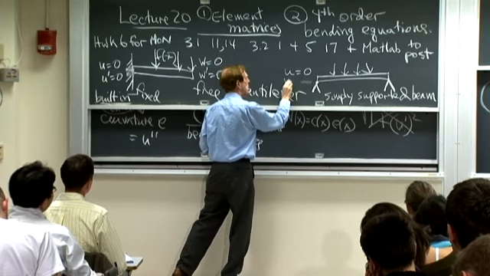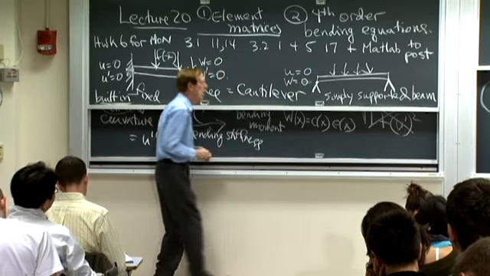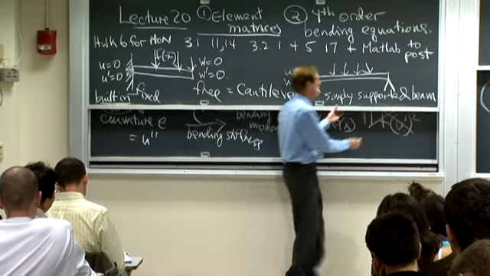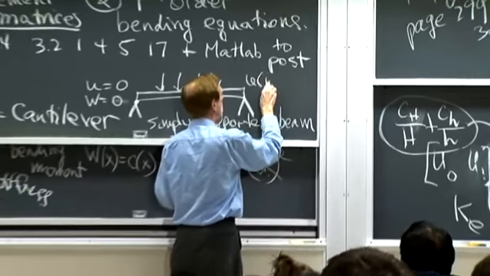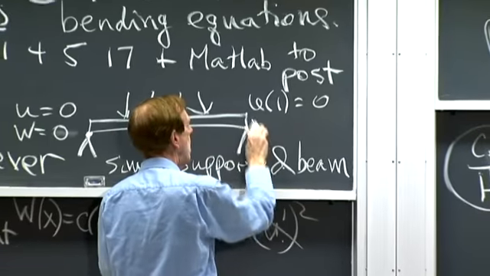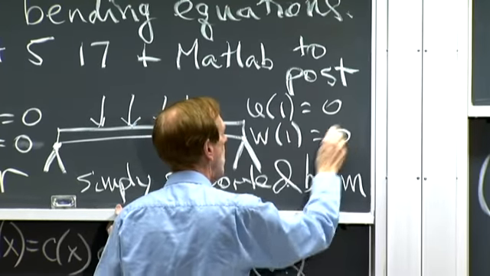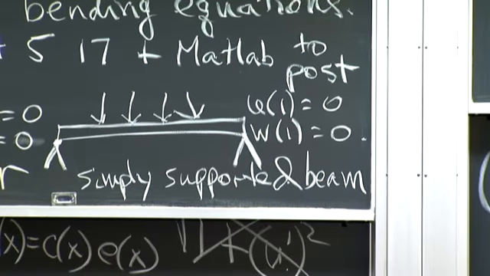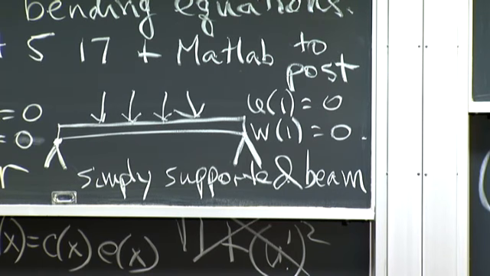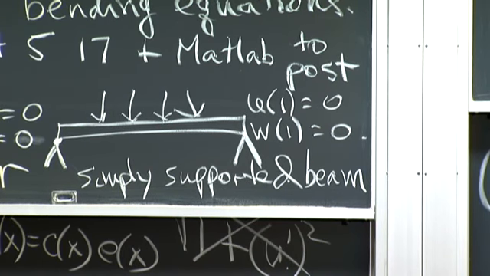So it's W equals 0. And at this end too. Also at this end, U at 1 is 0, and W of 1 is 0. That would be the boundary conditions, 4 of them, for a fourth order equation that we'll write down in a minute for simply supported.